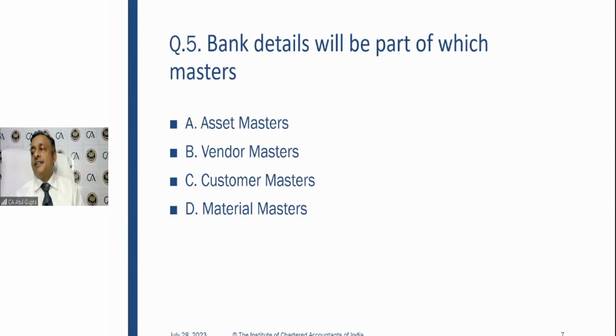Vaishali, please do put it in chat. You're talking of why C was the answer for question 1. Means you are asking 1C. Is that the question you are asking? I'll explain. Just put the question again in chat. It's a very tricky question.